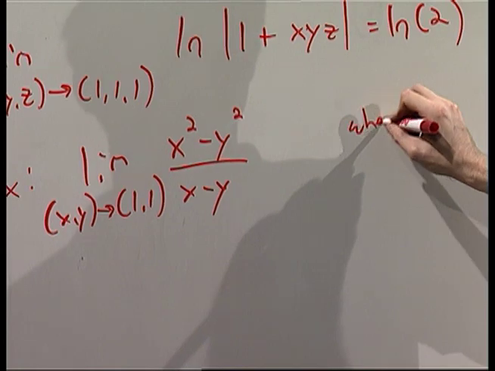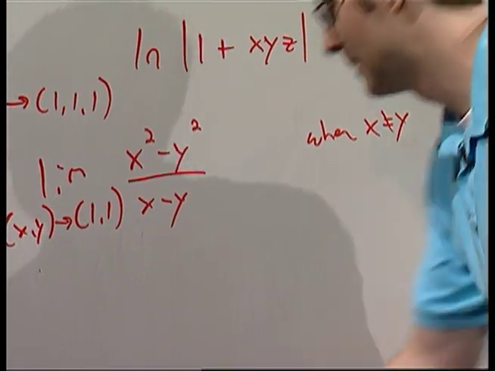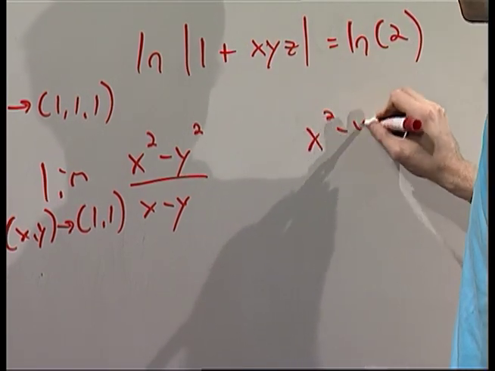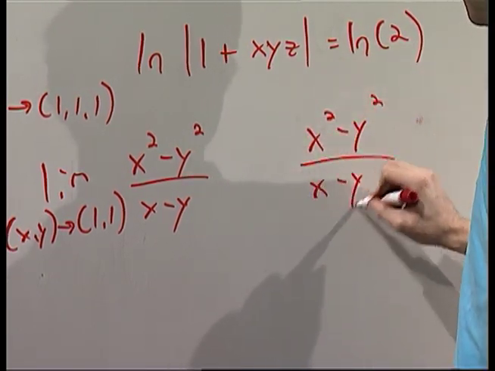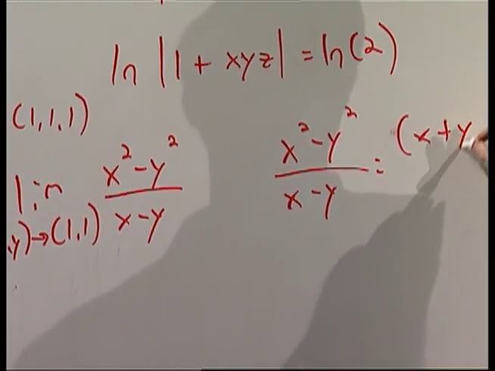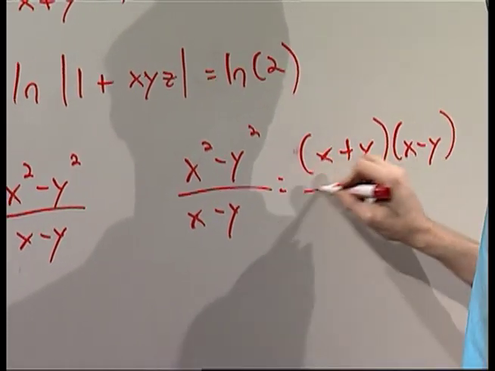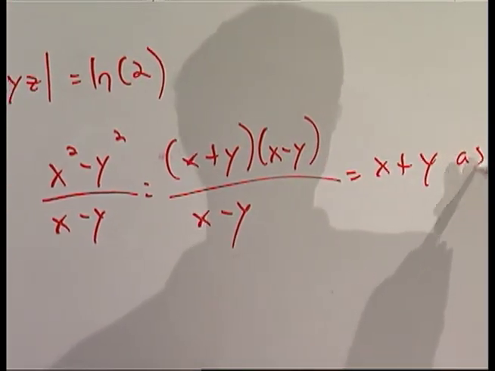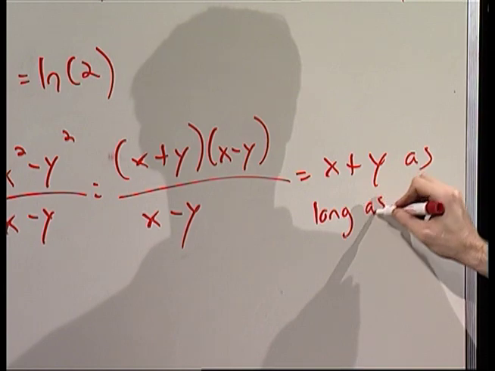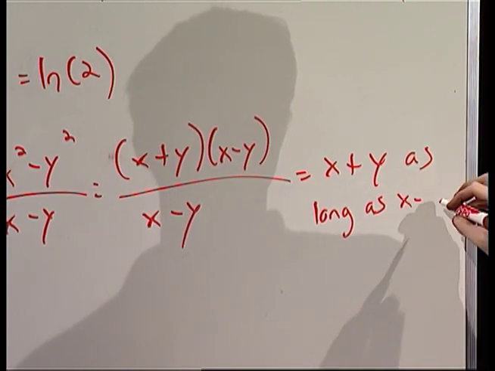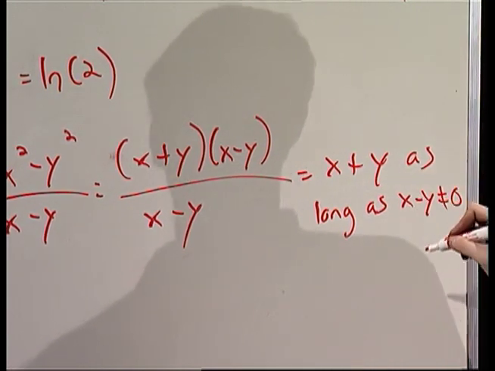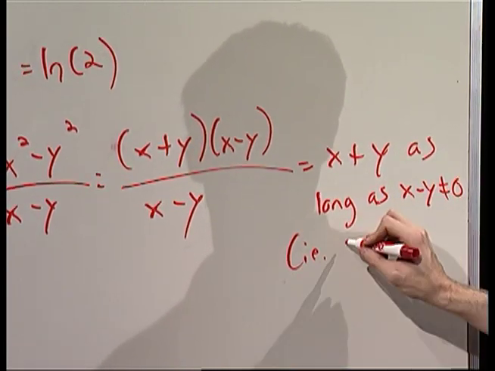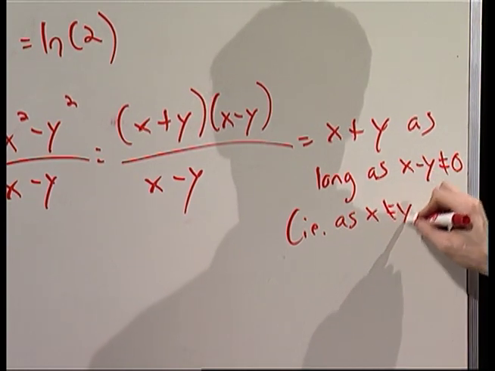But we see that regardless of this, this function can be factored. X squared minus y squared over x minus y equals x plus y, x minus y over x minus y. This is x plus y as long as x minus y is not 0, that is to say, as long as x is not equal to y.